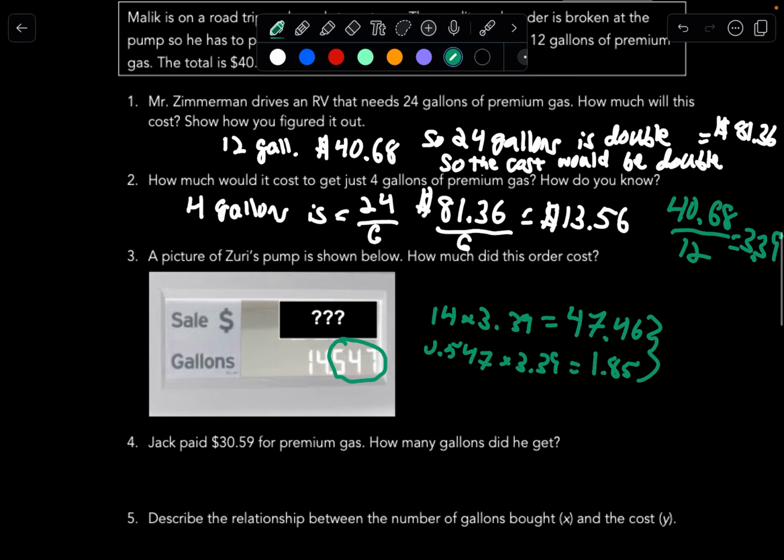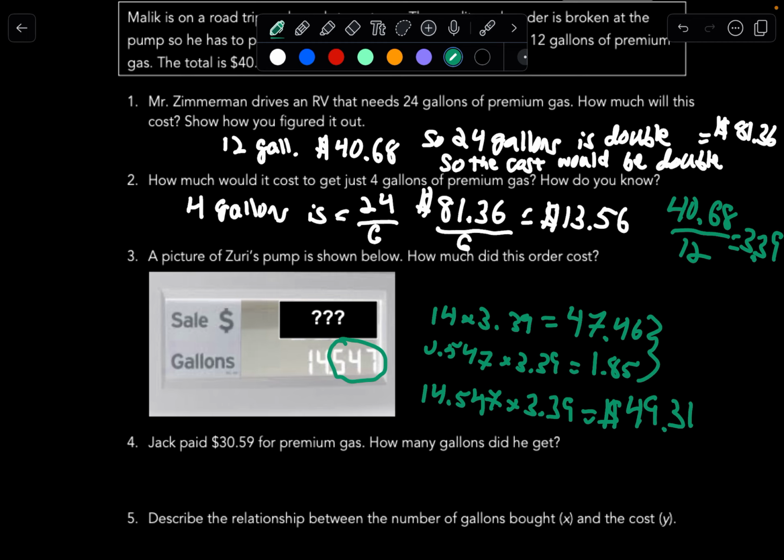Or, now that I'm thinking about it, just take 14.547, the amount of gallons you bought, and multiply it by 3.39, the cost per gallon. And that comes out to be $49.31.